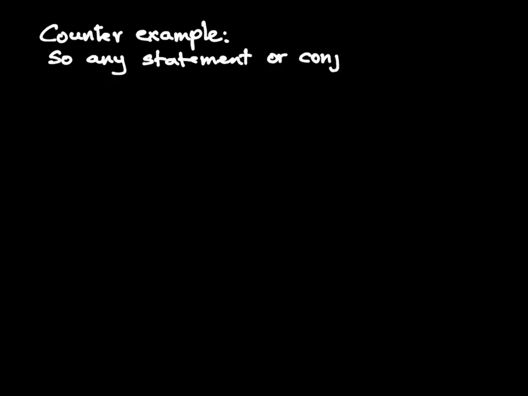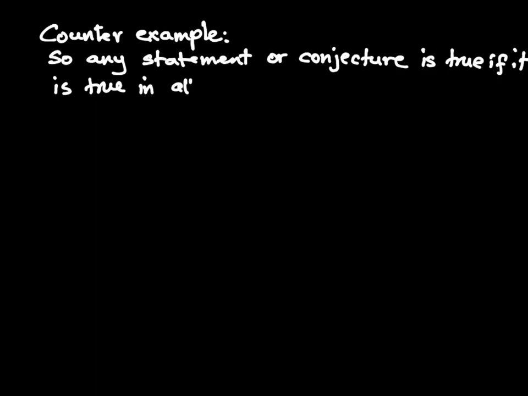All right. So what is a counterexample? That's the next topic here. A counterexample is for any statement, or any conjecture that we make based on the pattern. It has to be true in all the cases.